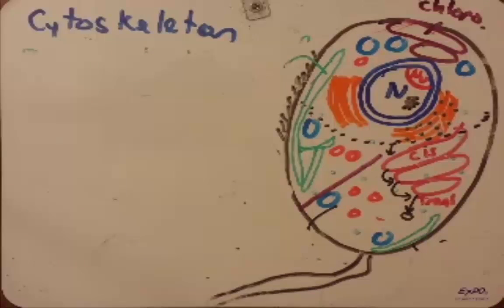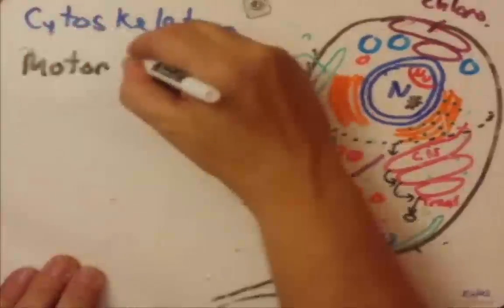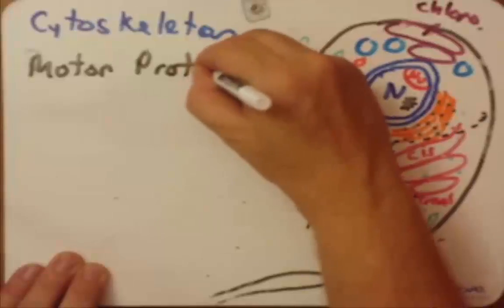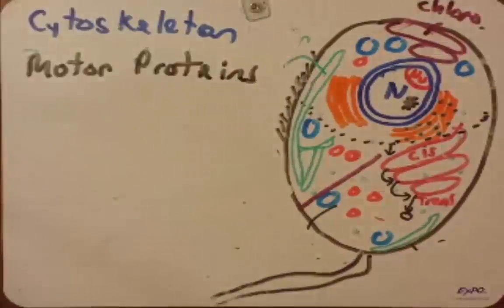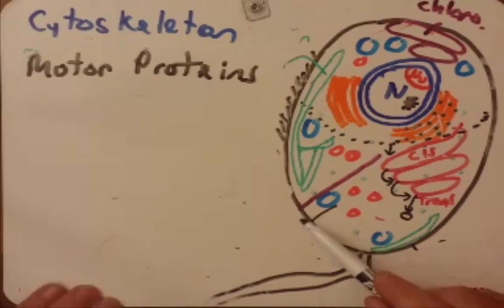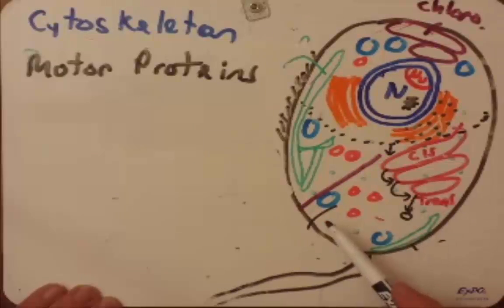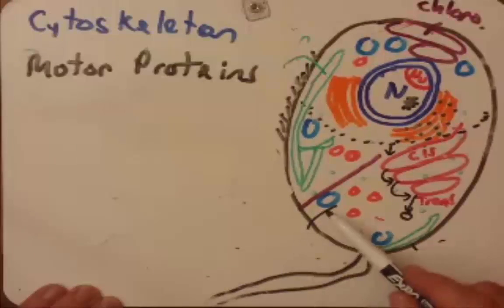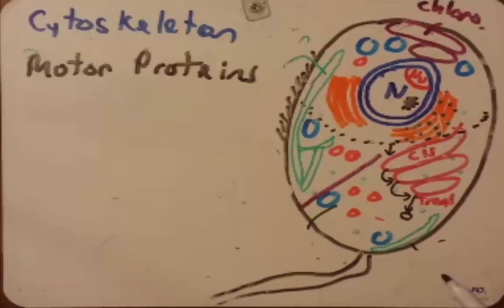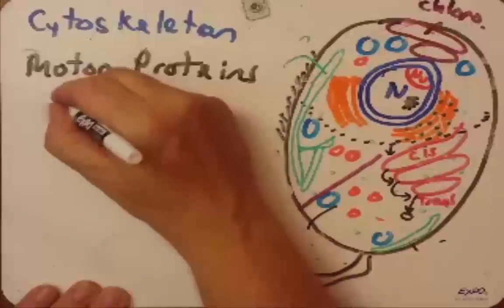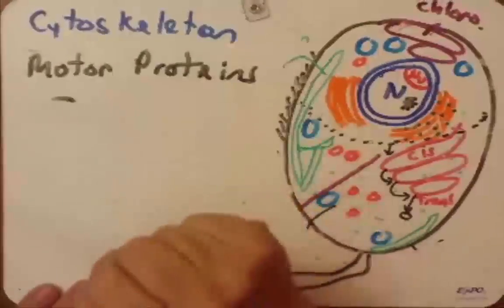When you take a cell biology course or a physiology course, you'll learn a lot more about these motor proteins. And there are many kinds of these motor proteins that you'll need to learn. But for now, I want you to know that this cytoskeleton can move organelles, and the organelles don't just randomly move, they require energy. And that energy is provided by these motor proteins.